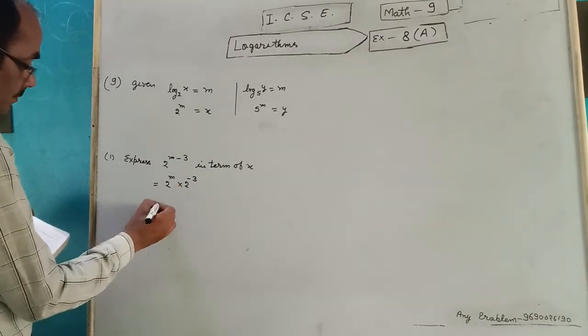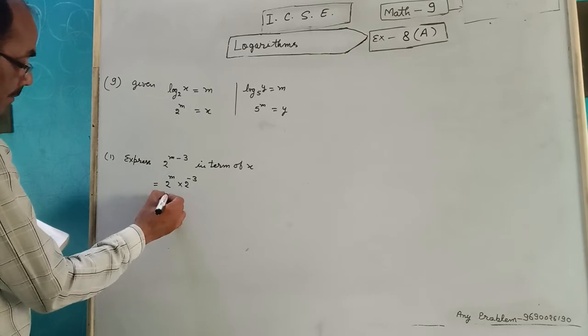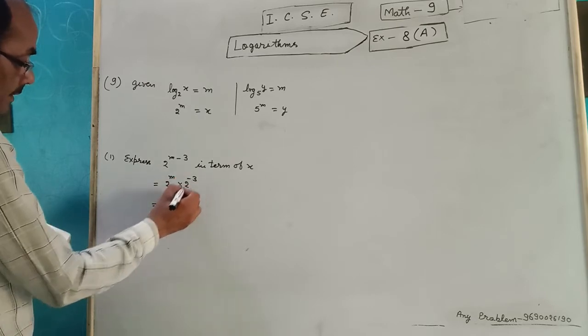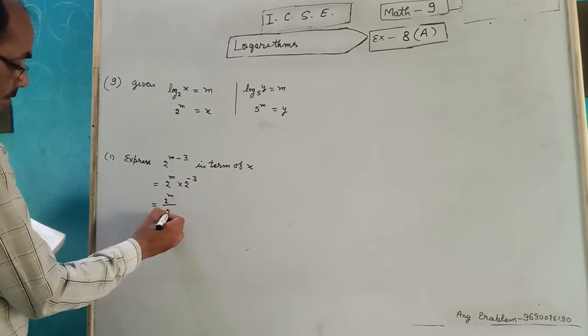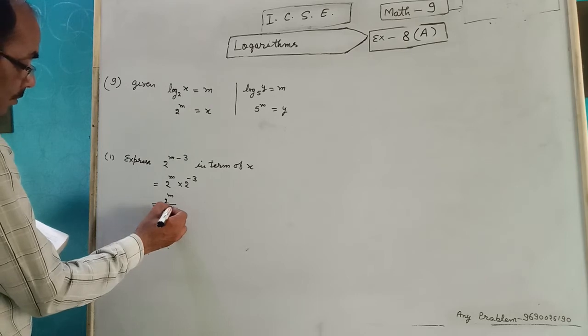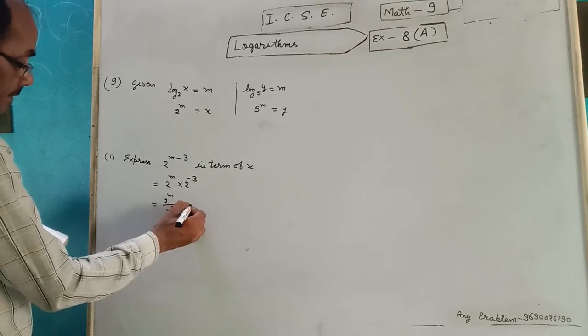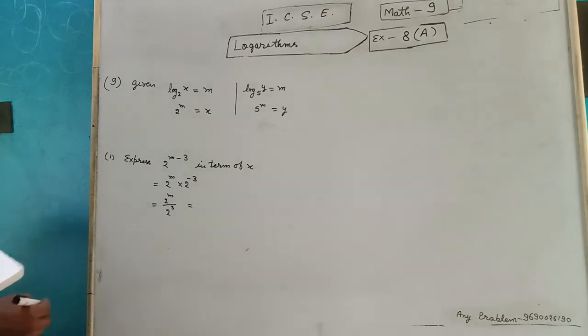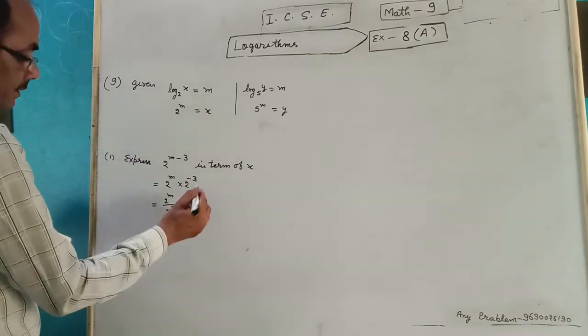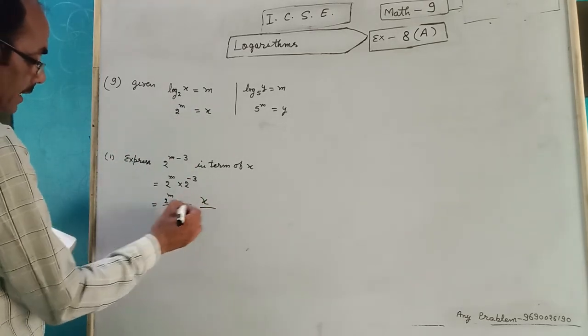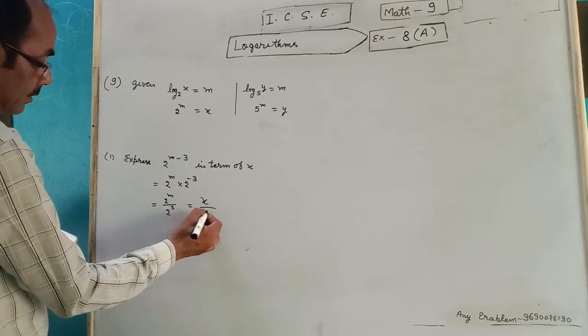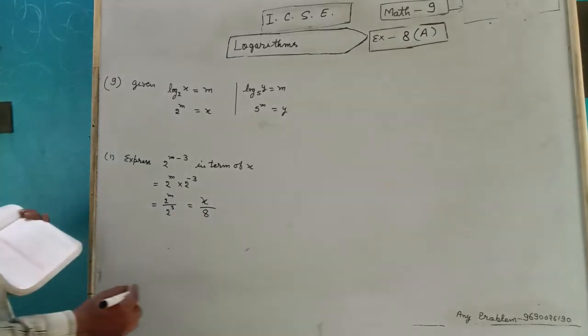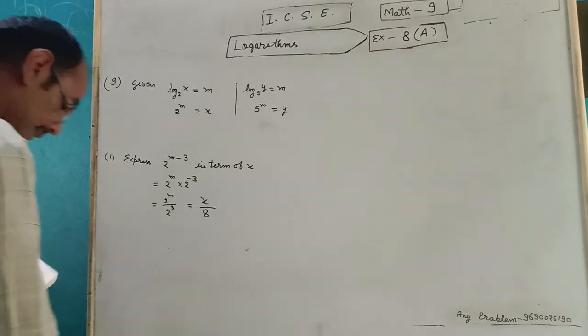Change the form: 2 as power m upon 2 as power 3. 2 as power m value is x and 2 as power 3 value is 8. First part is done.